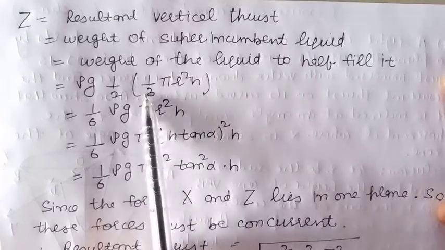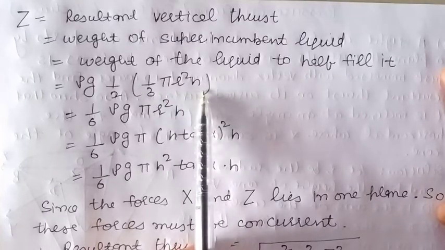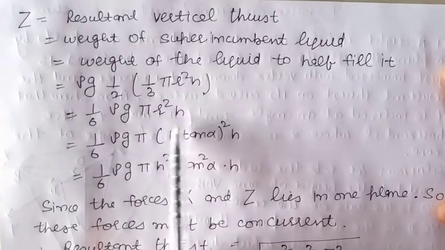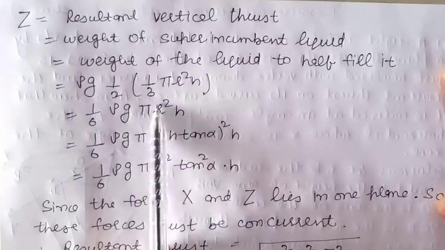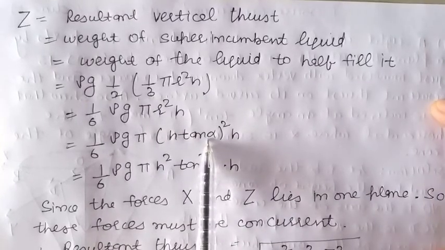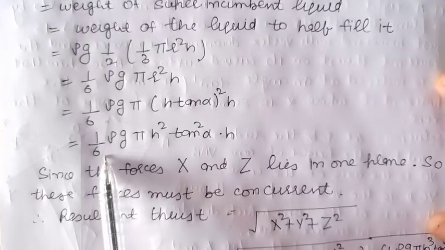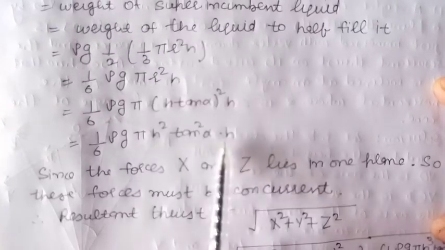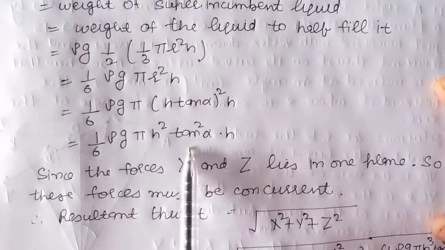Volume of the cone is 1 by 3 pi R square H, so this will become 1 by 6 rho g pi R square H. Now substituting the value of R, which is H tan alpha, the resultant vertical thrust becomes 1 by 6 rho g pi H cube tan square alpha.